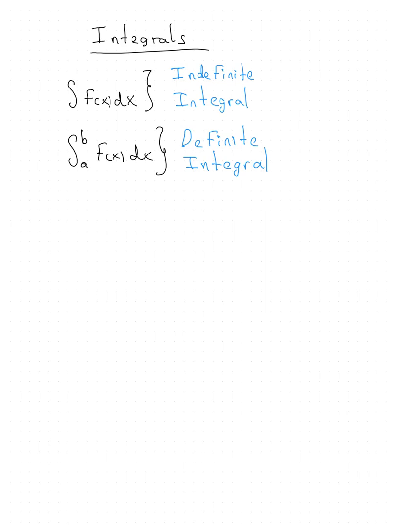If you have a positive function, well, not negative, greater or equal than 0. Let's say this is the x-axis, the y-axis. So let's say this is the function, and you want to compute the integral from a up to b.